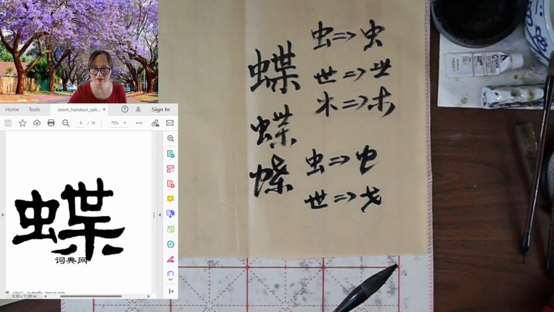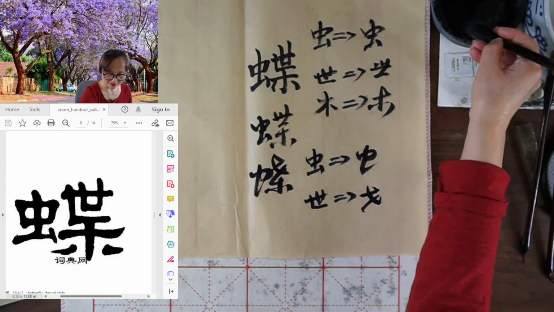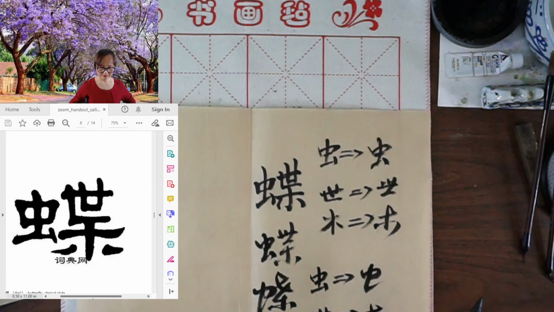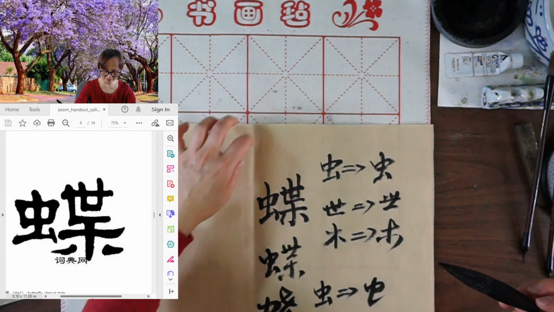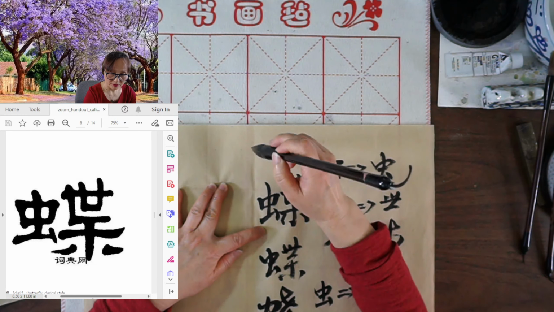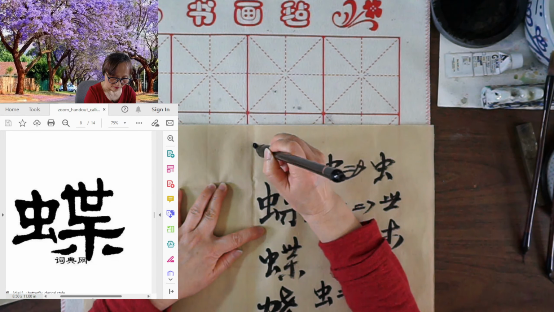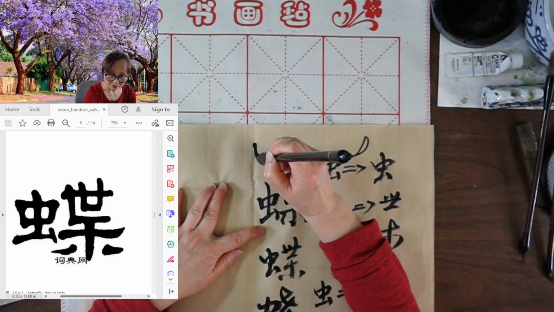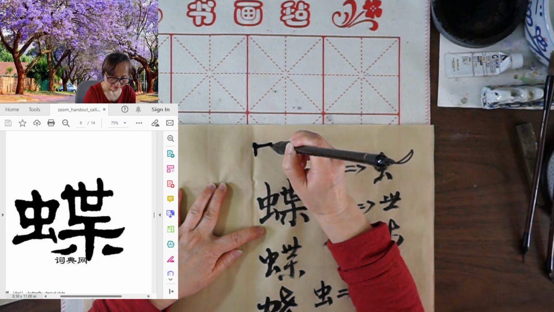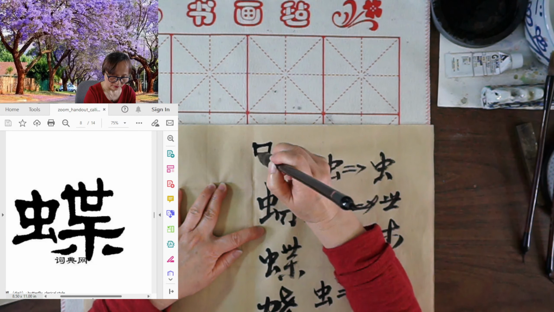This is the calligraphy style. This one is the easiest one, right? Go slow. Carving mood. No bone shape. And together, the stroke.